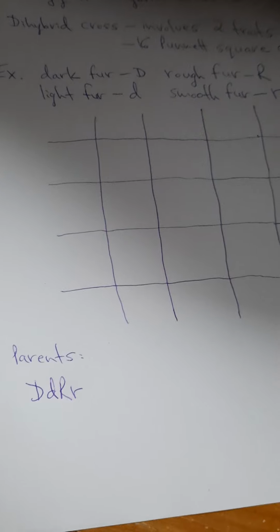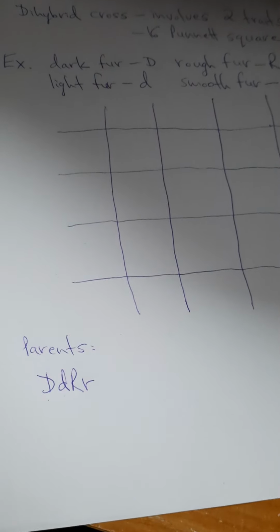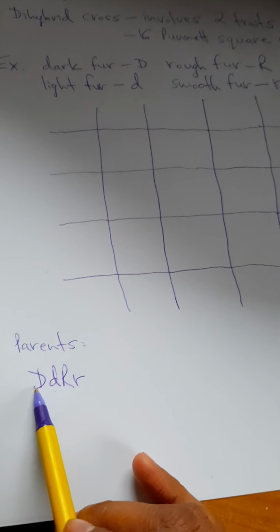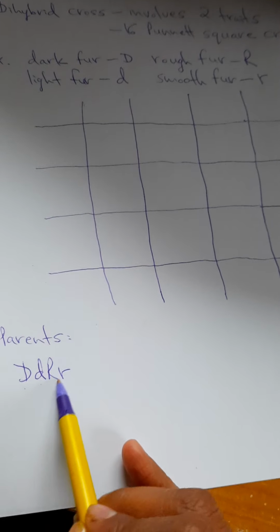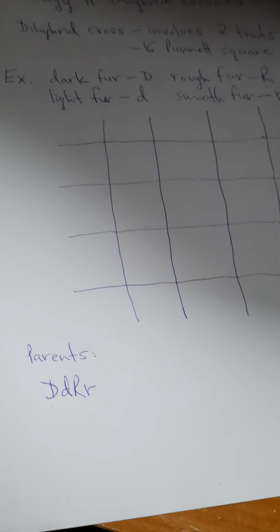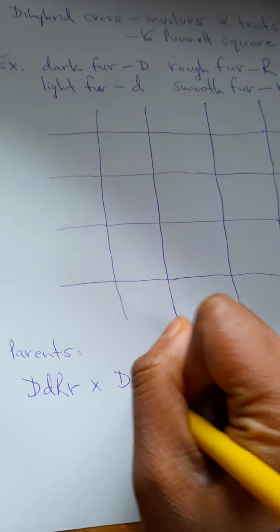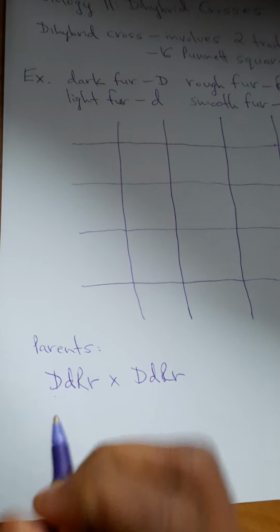Remember, when they're heterozygous, you just have one capital letter and one small letter. And because the dark fur is dominant, capital D, small d is still dark fur. Same thing here, the rough fur is dominant. So if I have a capital R and small r, that's still the rough fur. This is the male guinea pig, and I'm crossing it with the female guinea pig, just like this.